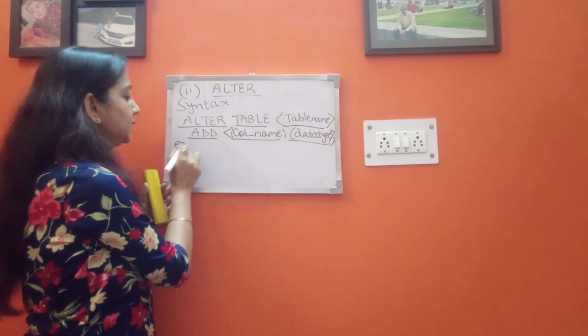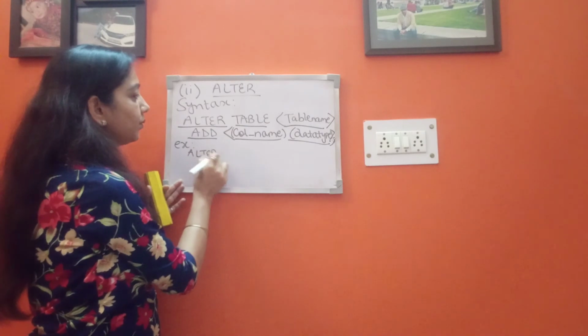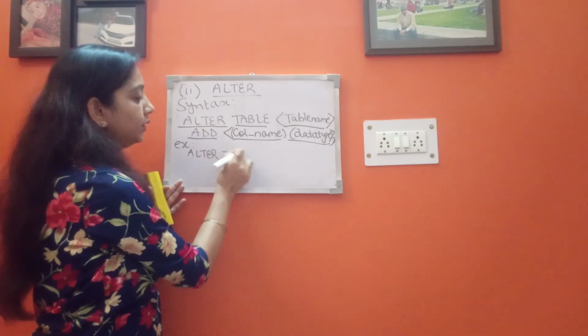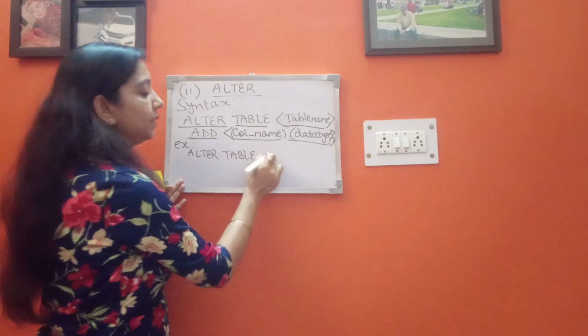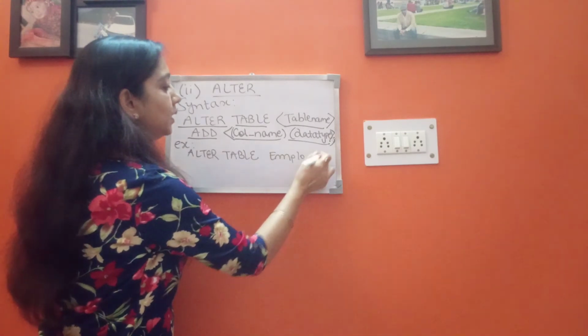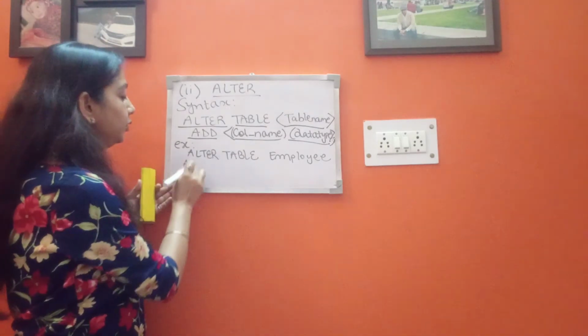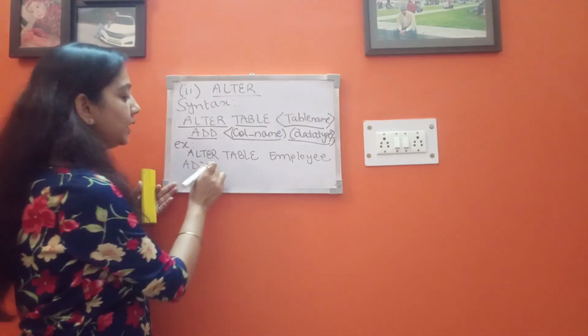The example is alter table. I want to alter a table. What is the name of that table? Employee. I want to alter the table employee. What do I want to do? What alteration do I want to do? I want to add a new column. I will say add. What is the name of that column?